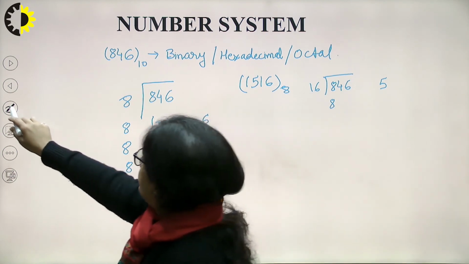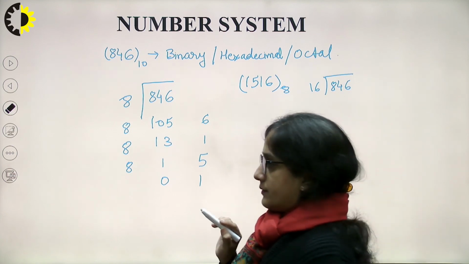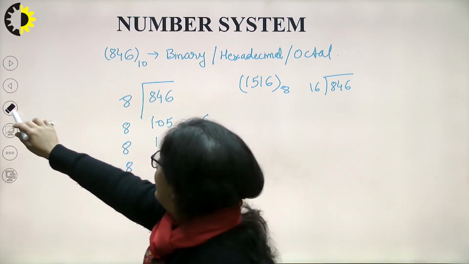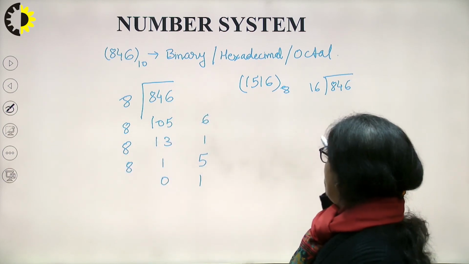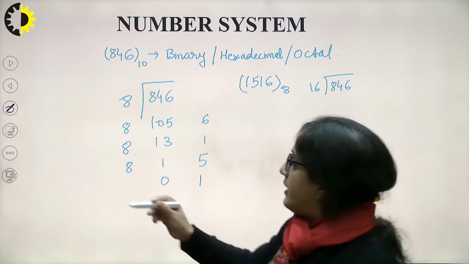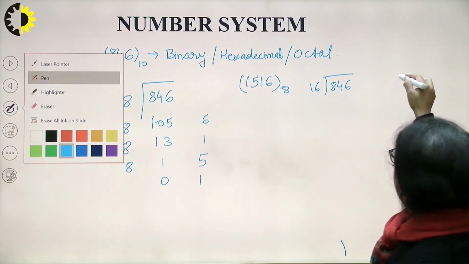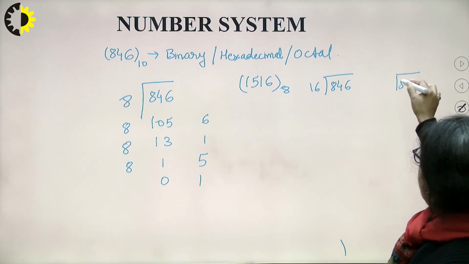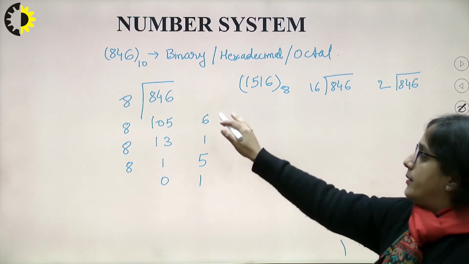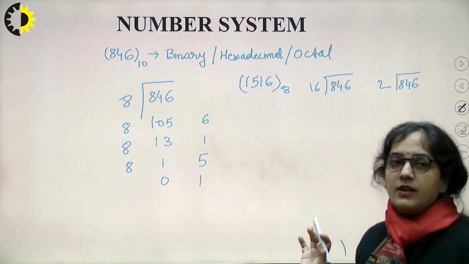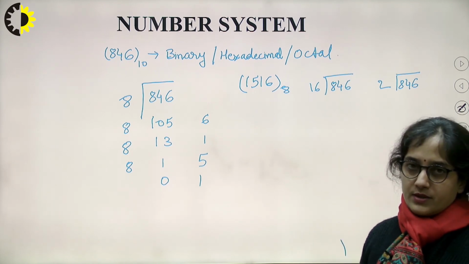Here we will divide it by 16, and if I have to go with binary, then I will divide it by 2 and find the remainders. In this way we will have a conversion from decimal to binary, hexadecimal and octal number systems.